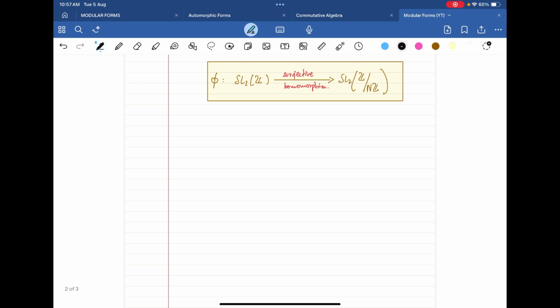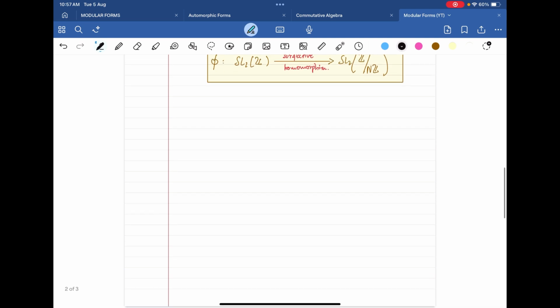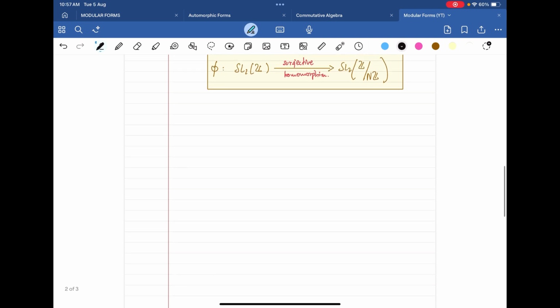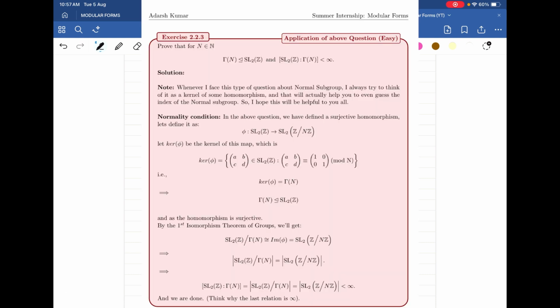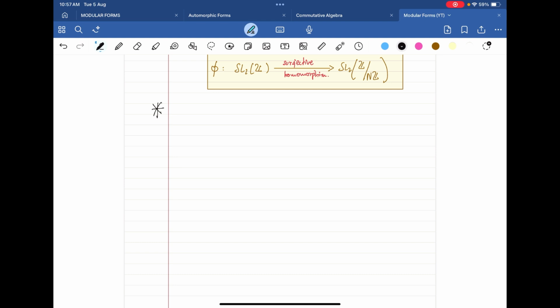So today we are going to start the video again with a problem which can be stated as a result also, but I won't write it. I just make a star and state the problem: prove that for n belonging to the natural numbers, gamma n is a normal subgroup of SL2Z.